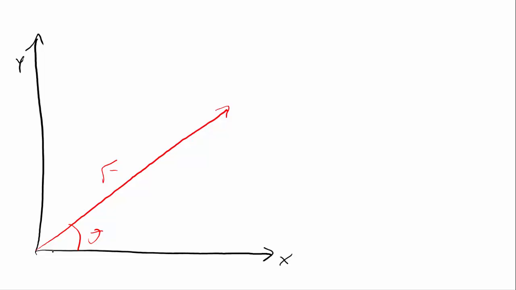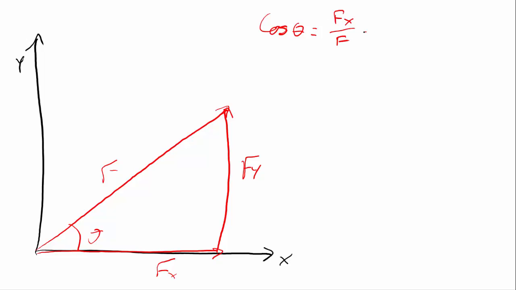So that force F has a component along the x direction, we'll call that Fx, and it has a component along the y direction, we'll call it Fy. Well, if you look at what that is, what do you have? Cosine of theta is adjacent over hypotenuse, right? So that's Fx over F. So you can solve that for Fx. So Fx is equal to F cosine of theta, right?